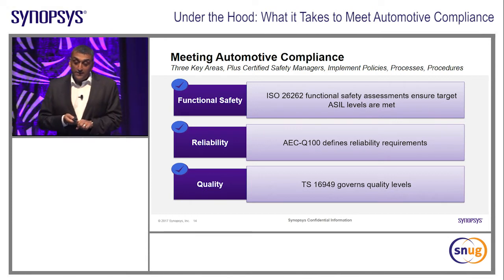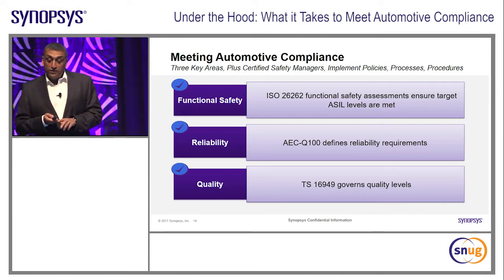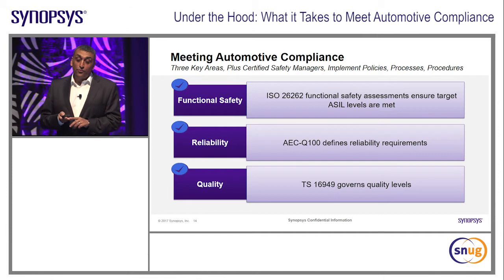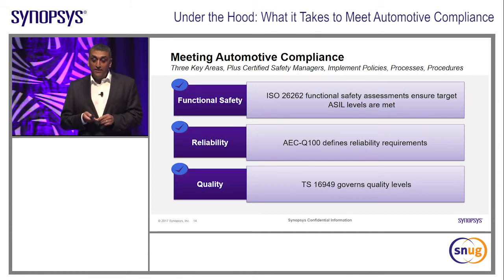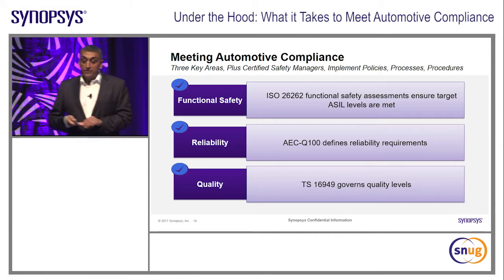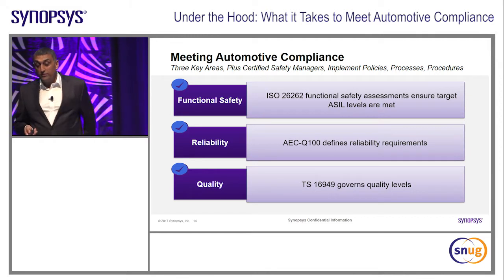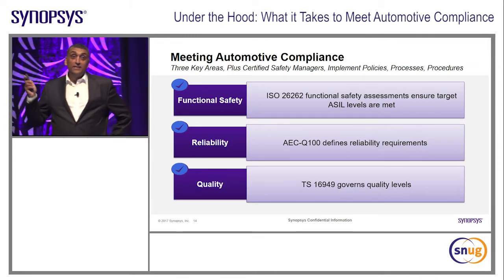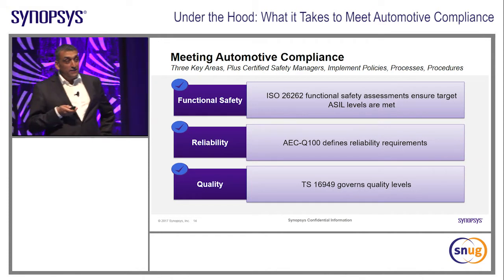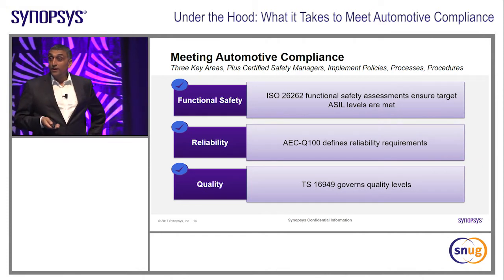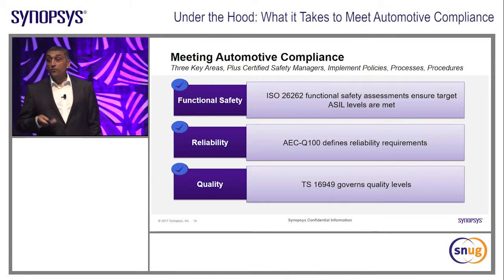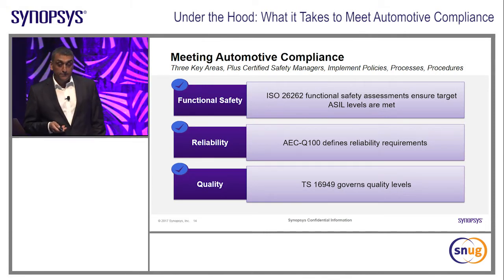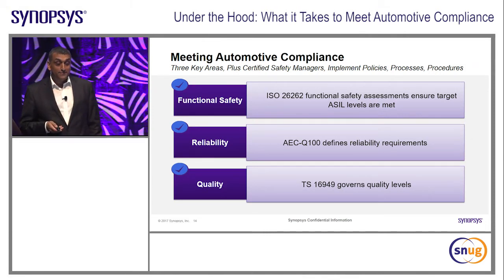They are certified by a committee called the Semiconductor Automotive Functional Professional Organization, SC-AFSP, in order to be able to say that we support all these compliance requirements. So as well as meeting these 3 pillars, you have to have safety managers that basically police your development flow and are ready to support an audit for an automotive customer if needed. Okay?